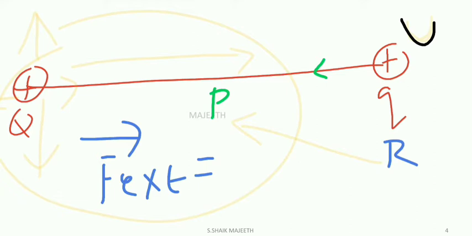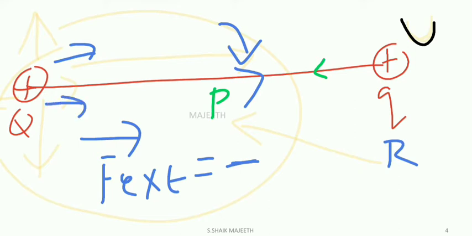Force is a vector quantity, it has both magnitude and direction. I have to apply the force opposite to the direction of the force coming from this charge, capital Q.